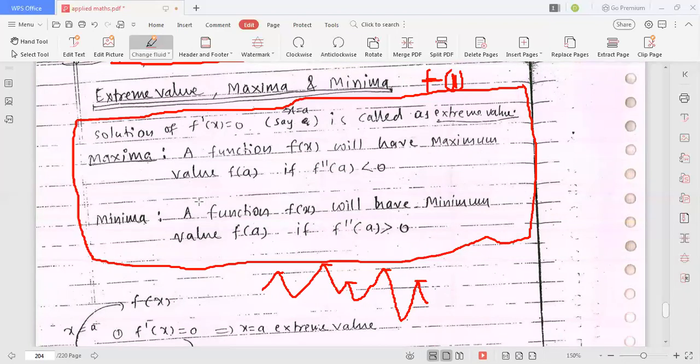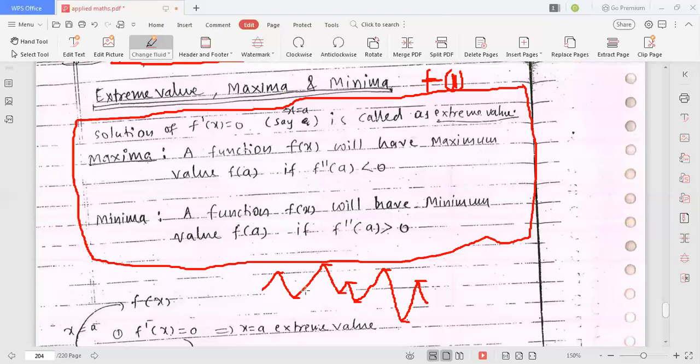And similarly, what is minima? Minima is this bottom point which we can see here for this function. So all these 4-5 bottom points are called minima for this function.